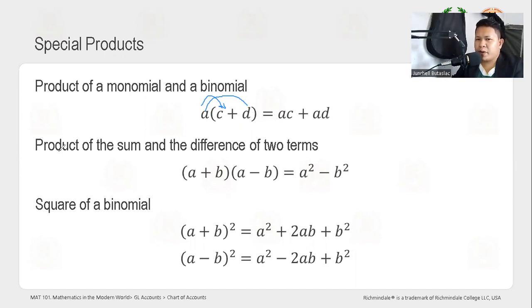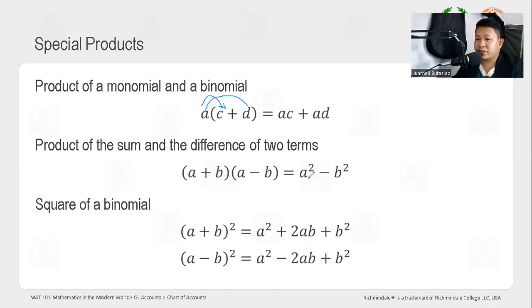Next, the product of the sum and the difference of two terms. We can use the FOIL method. We will multiply using the FOIL method, but there will be cancellation.